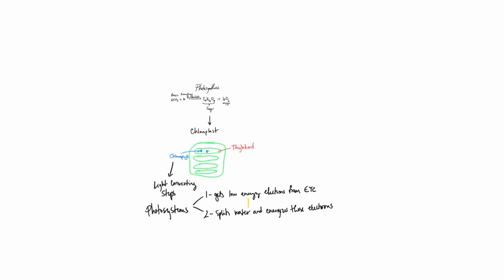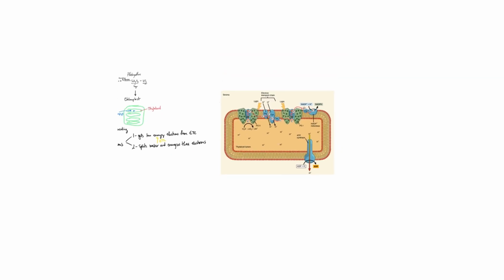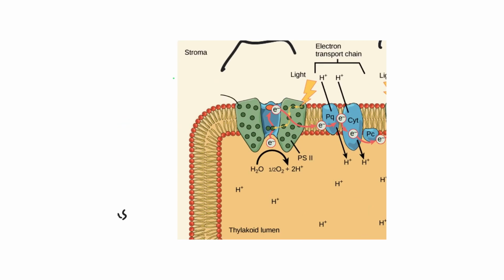So let's look at this a little bit closer. If we were looking at a thylakoid, what we would see is several of these photosystems embedded in its membrane. Here we have photosystem 2 and photosystem 1 embedded in the same membrane. If we zoom in on one of those photosystems, you'll see these green dots.